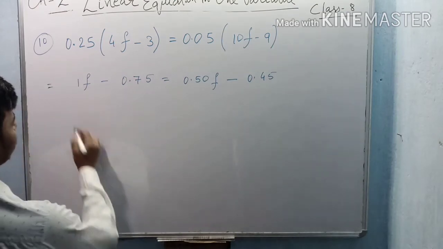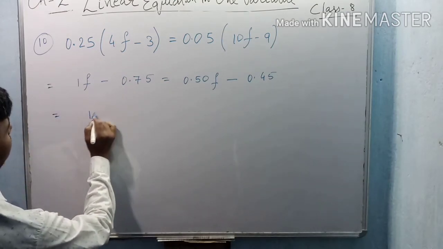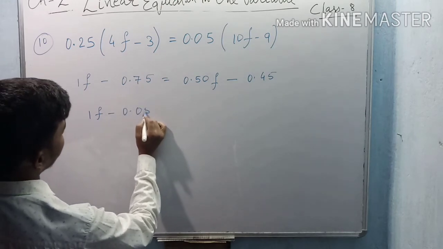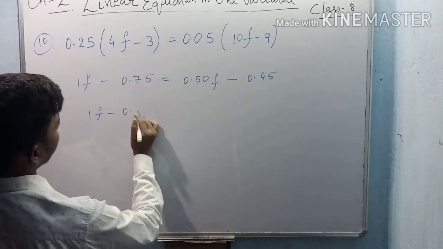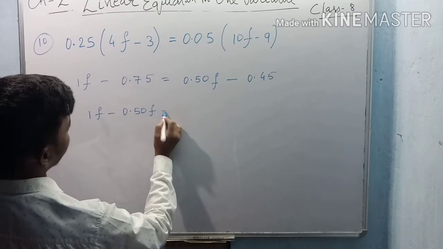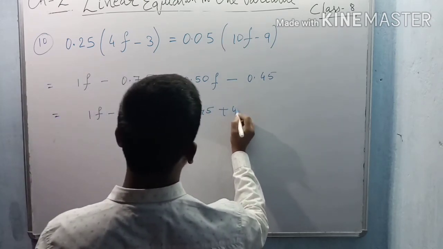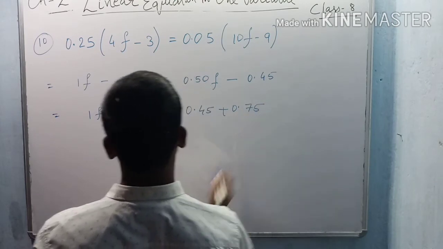Okay, so 1f minus 0.50f equals minus 0.45 plus 0.75.